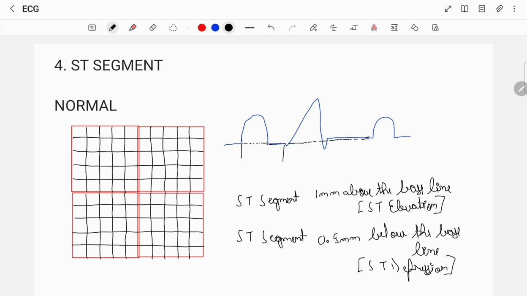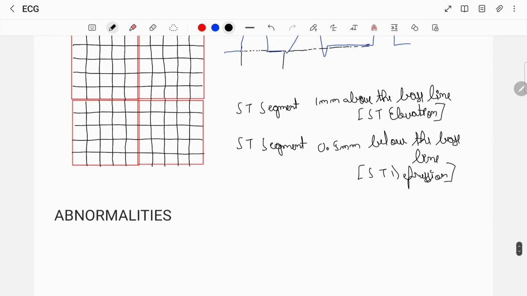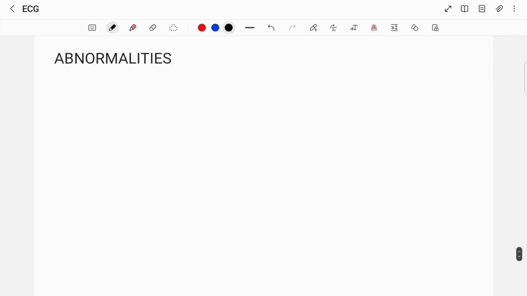If this line of ST goes 1 mm above, then that is ST elevation, and if this line of the ST segment goes more than 0.5 mm below the baseline, then that would be ST depression. So you must have understood that there are two abnormalities of the ST segment. One is elevation and one is depression.